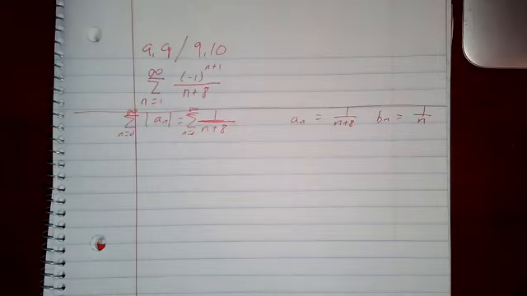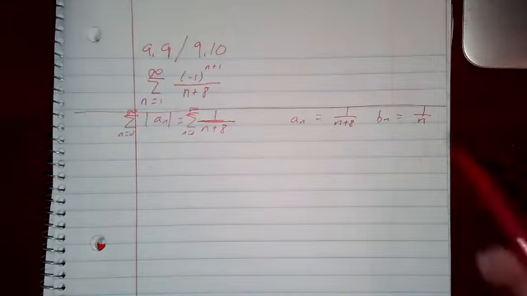If b_n is bigger and that converges, then the small one must also converge. Now, for divergence, the smaller one must diverge, but this is the bigger one. So we will do limit comparison instead, because this doesn't help.